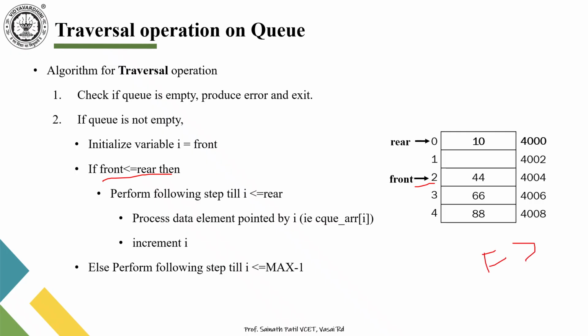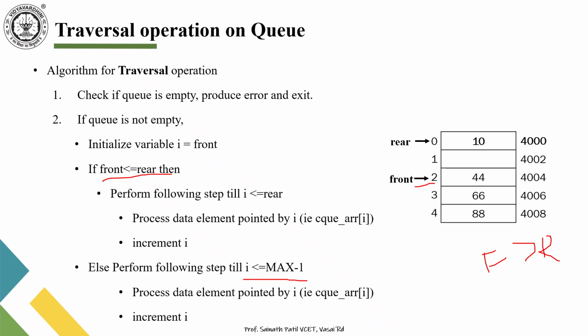Then we consider the following steps: we execute till I is less than or equal to max minus 1. We process the data element pointed by I, that means we display data till I becomes max minus 1, incrementing I every time we display data.